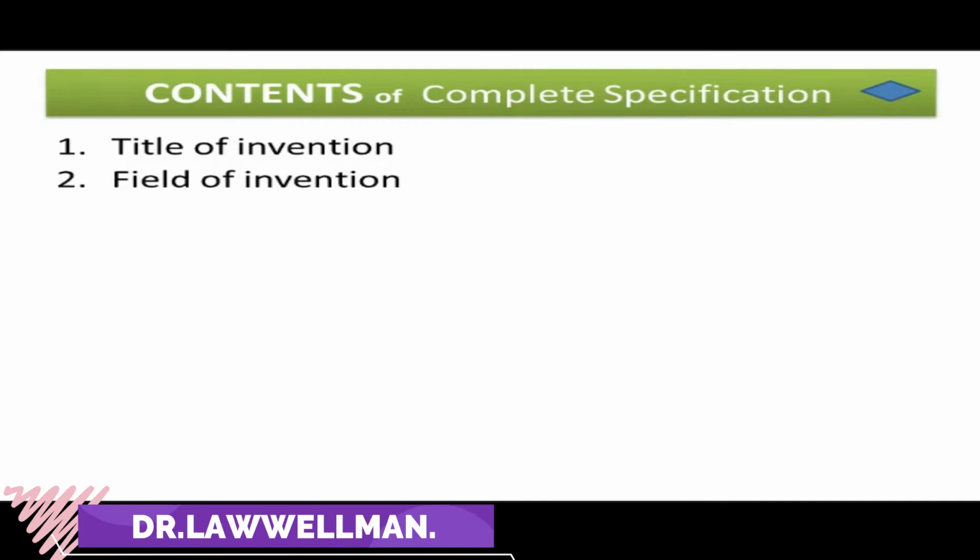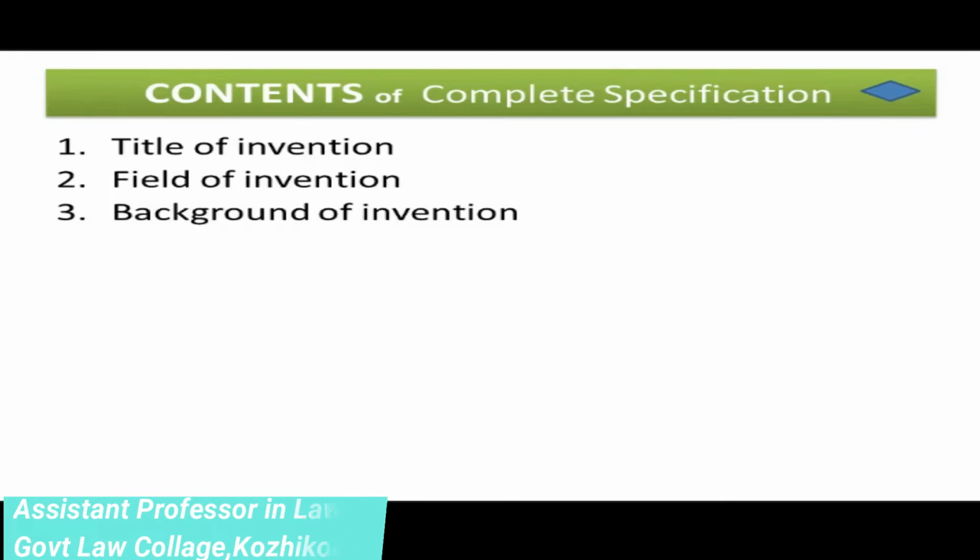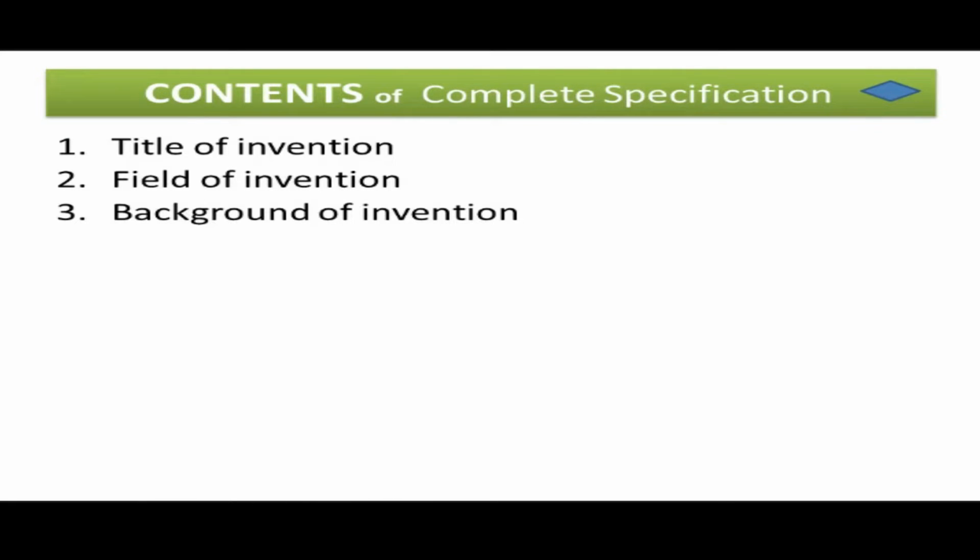As you can guess, there could be a title for the invention, because you are describing an invention in the specification, and the field of invention, which field does that belong to? That's also an important matter, and you may have mentioned that as well in the complete specification which you file with the application.